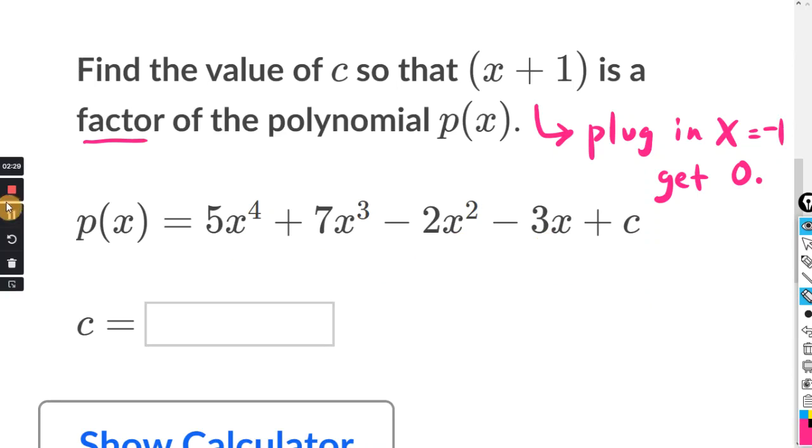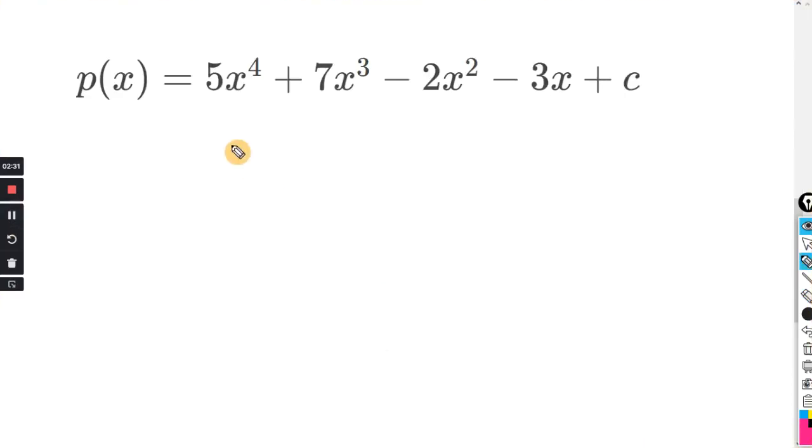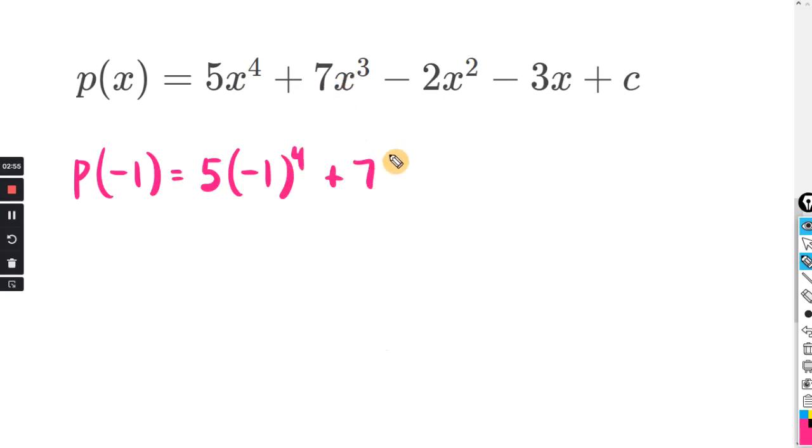So let's do that. We're plugging in -1, so p of x becomes p of -1. We're going to plug in -1 wherever we see an x, so that's going to be 5 times (-1) to the 4th, plus 7 times (-1) to the 3rd.